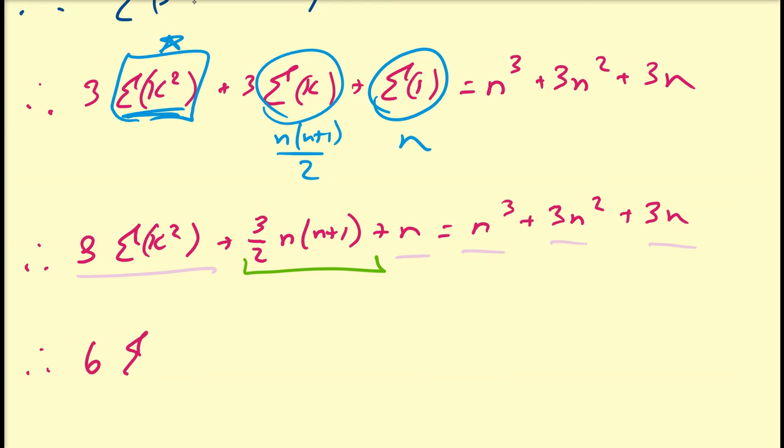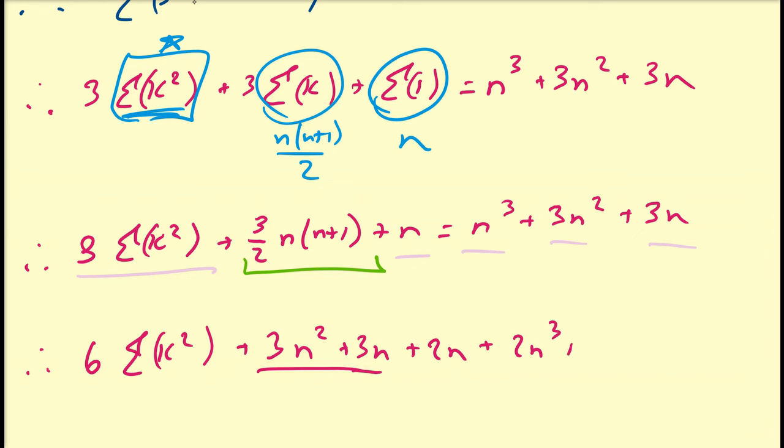So that's going to give us 6 sums of k^2 plus 3n^2 plus 3n plus 2n must be equal to 2n^3 plus 6n^2 plus 6n.